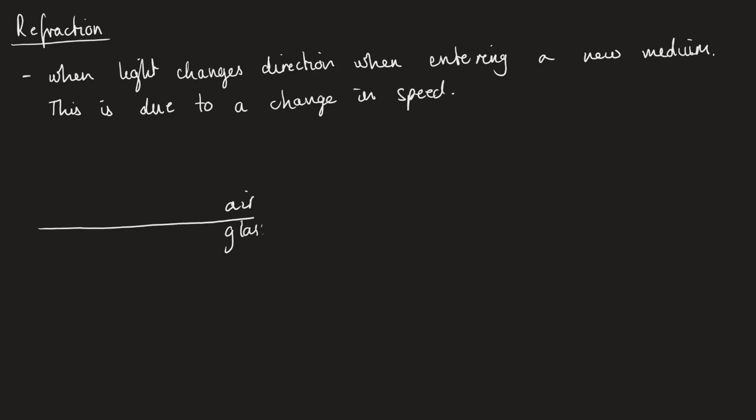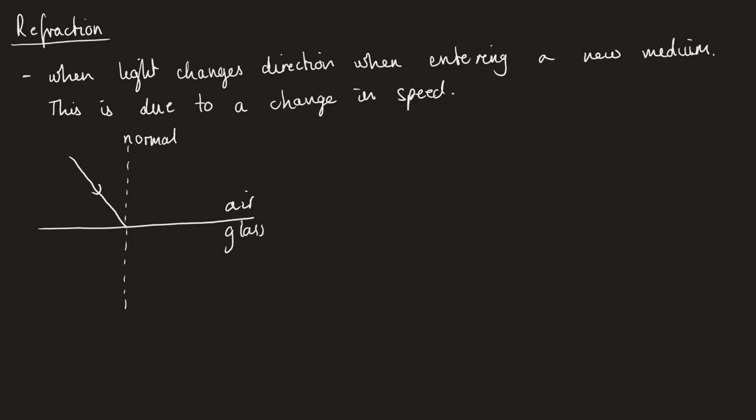So this is the air from outside and this is the glass on your window. If we imagine that light comes in at some angle, we can then draw this line here, which we would refer to as the normal. The normal is basically just there so that it can make a few things a little bit easier for us, so for geometry purposes essentially.